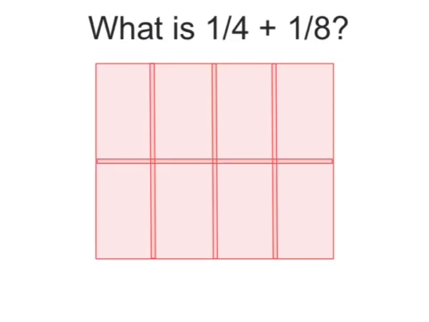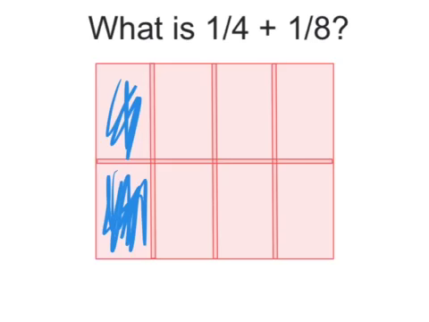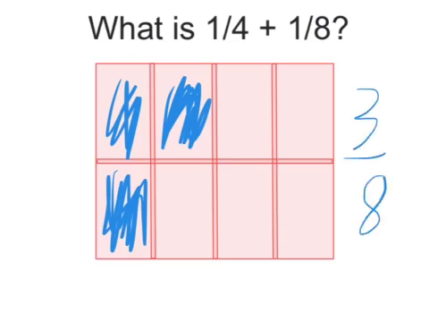If you want to see that a little more clearly, you can see there are 4 columns here, so we're going to shade in one of our columns. And notice that's 2 out of the total of 8. Now if we add 1/8 to that, we now have 1, 2, 3/8, right? So 1/4 plus 1/8 equals 3/8. You can kind of see it visually.